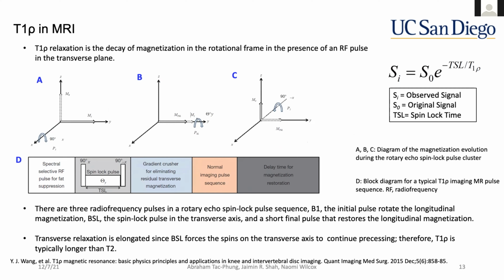So in total, we have 3 RF pulses as shown in D, where we see a 90-degree pulse in X, the spin lock pulse, whose duration is the TSL, and then the third RF pulse, which restores the magnetization in Z. Afterwards, we have a normal imaging pulse sequence to allow us to obtain the images. This sequence essentially gives us T1 rho weighted images, and the equation on the right over here dictates the signal based on T1 rho.